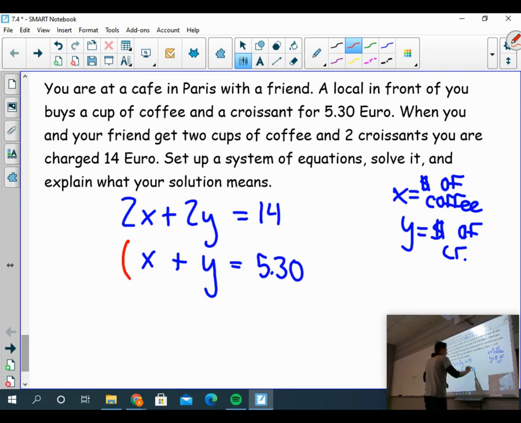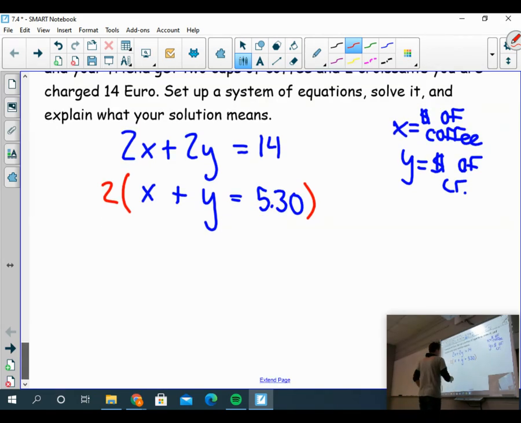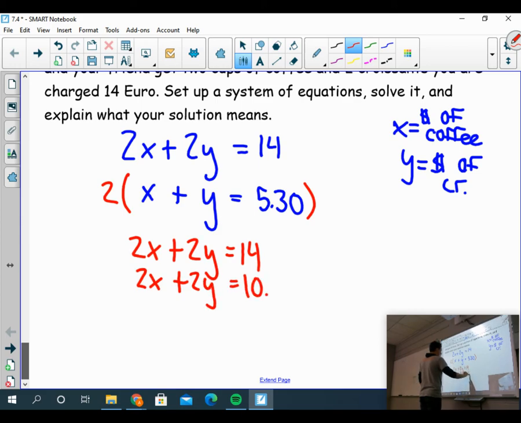Elimination probably would be the best method. So we multiply the bottom equation by 2. Rewrite my equations. And we go, okay, now my variables line up, but it's almost too good in the sense of lining up variables.